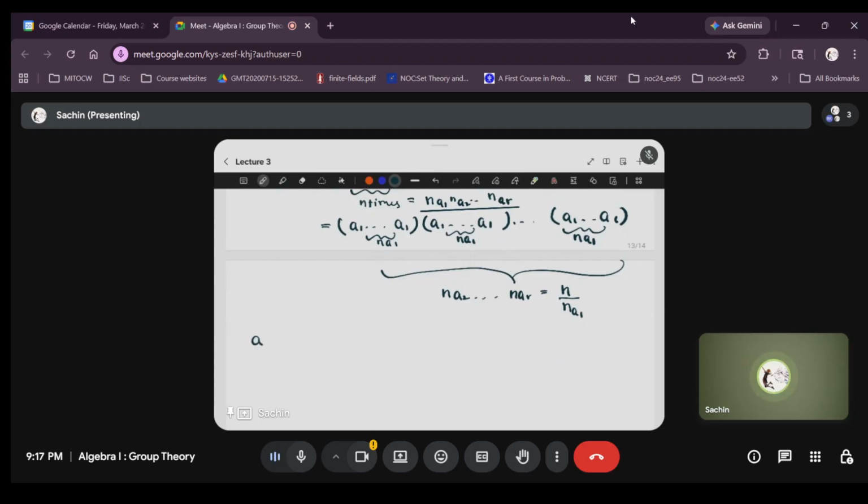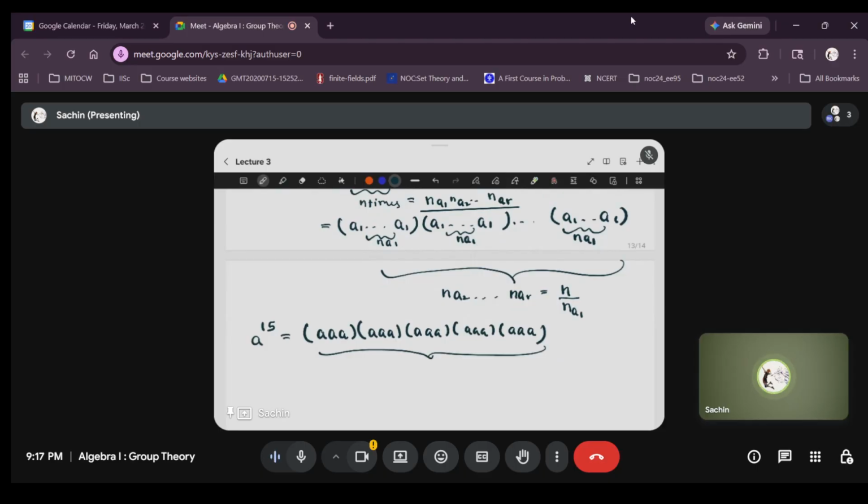So let's say you have a power 15. You can write it as a into a, 5 of these groups, right? That's what I am saying. So I have 15 a's.